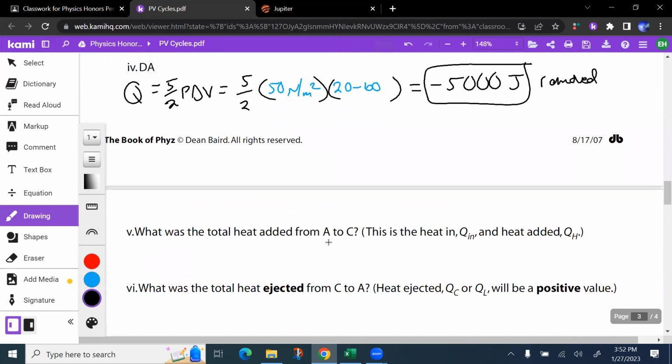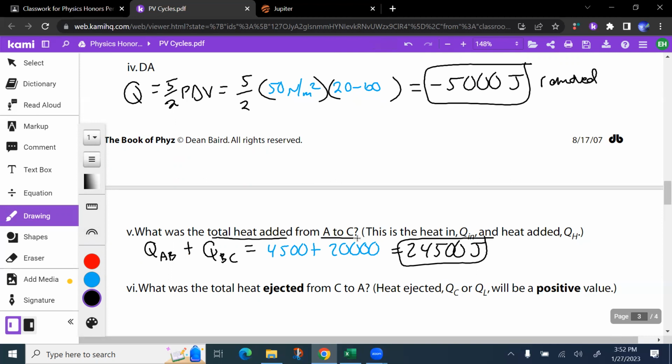So what was the total heat added from A to C? It would be the heat from A to B plus the heat from B to C. That would be the total heat added. So I'm going to take my 4,500 joules plus my 20,000 joules, and I get 24,500 joules total heat added.